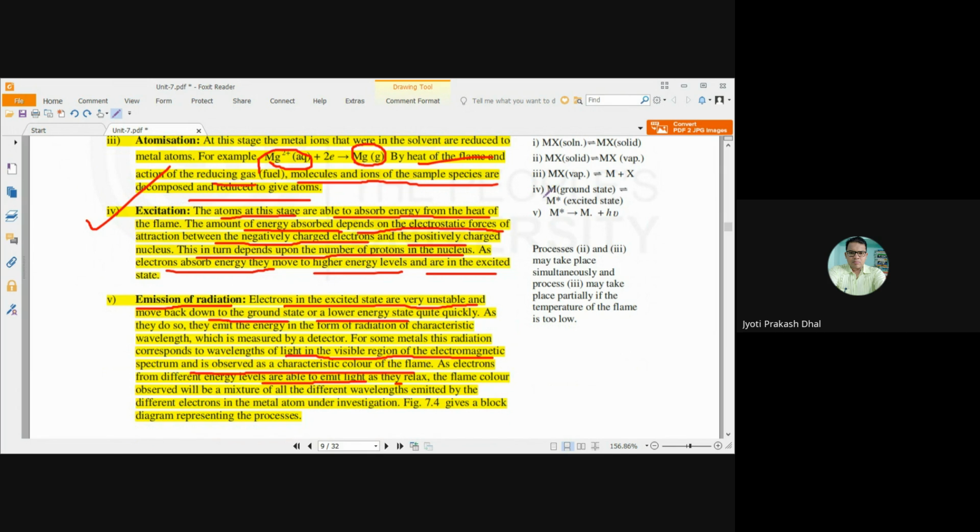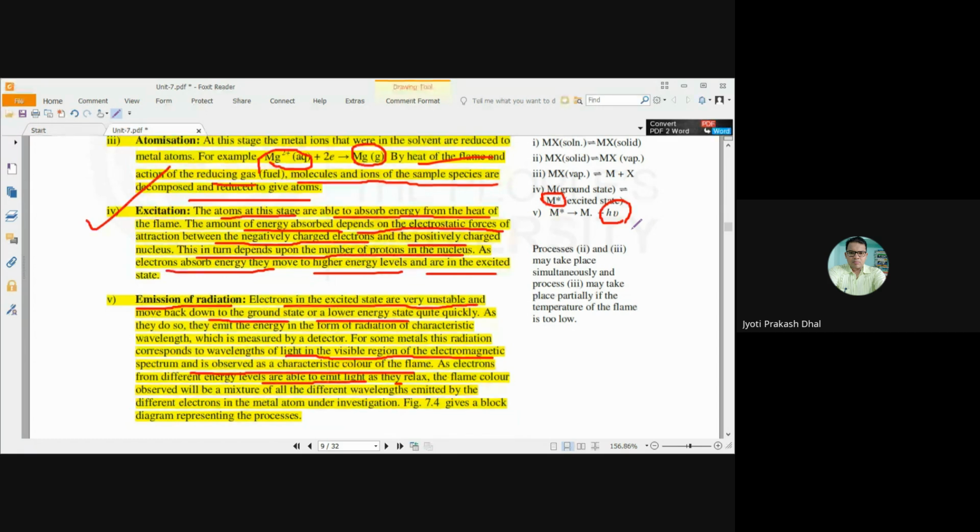In the excited state, the lifetime is very short. Again, the electrons come back to the ground state, directly or indirectly, by emitting electromagnetic radiation of a particular frequency, that is h nu. Individual metal atoms give individual frequencies.